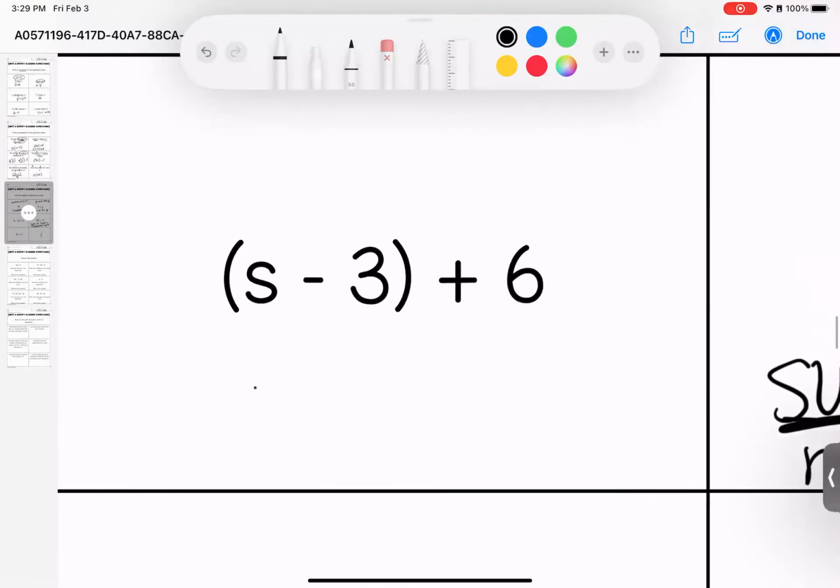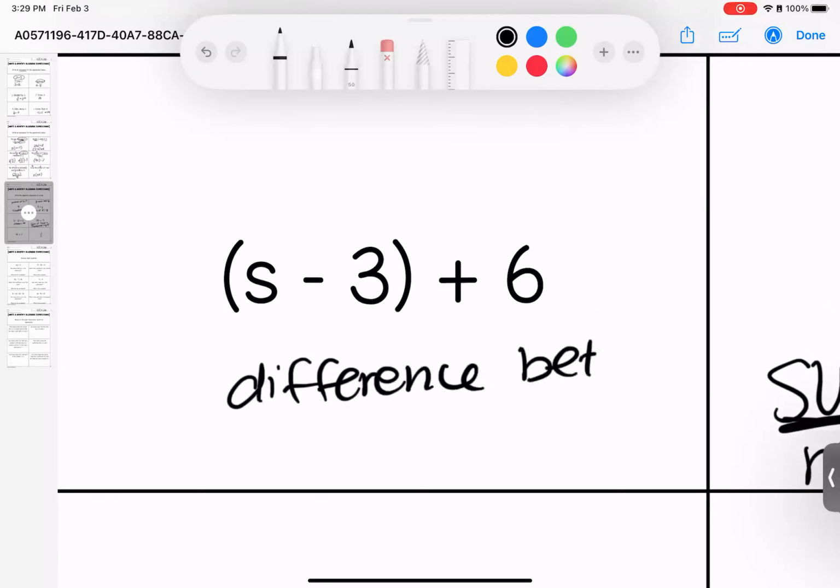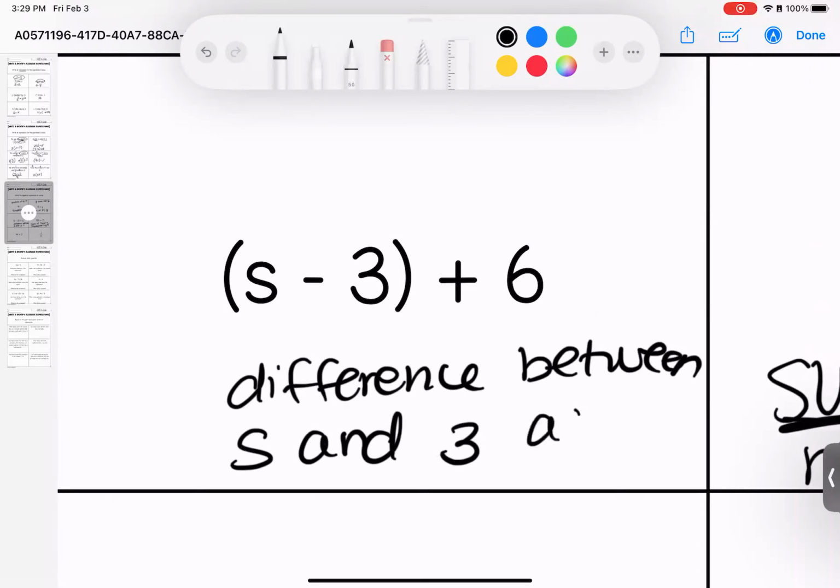The difference between s and 3 added to 6. Or a couple other ways we could say 3 subtracted from S, add the results to 6.